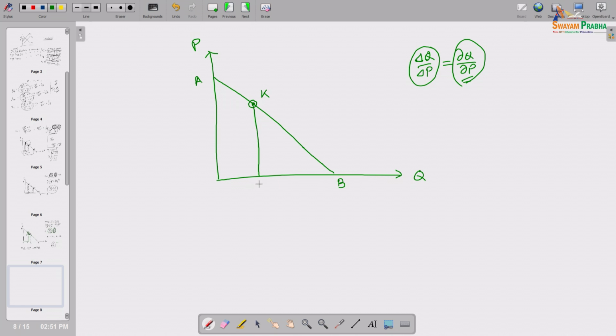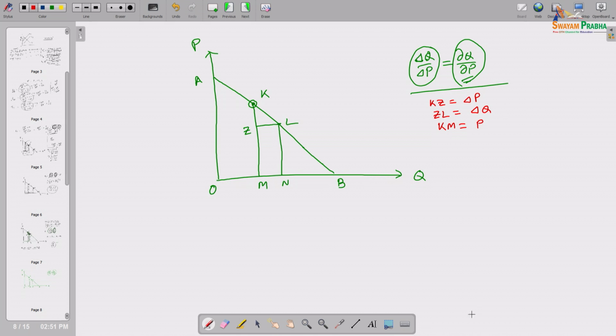Suppose this is M, this is N, this is L and this is O, and let us take this as Z. KZ is the delta P and ZL is the delta Q. We are taking KM as the original price.